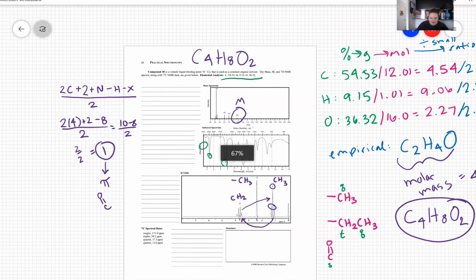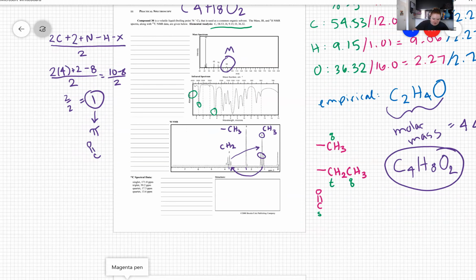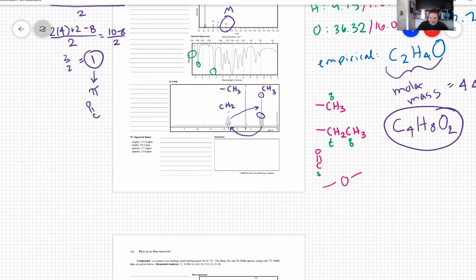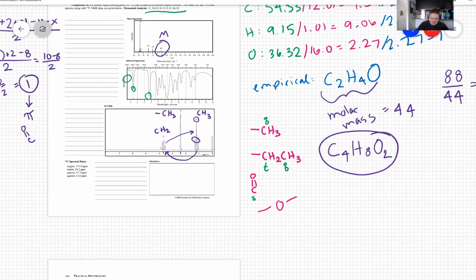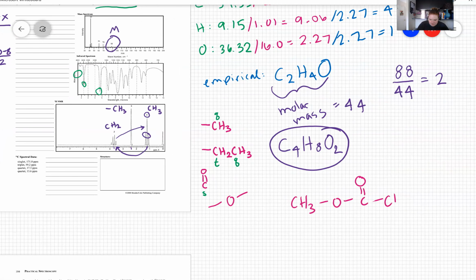So based off of that information, I'm going to go back and finish my structure. So we know it has these pieces over here. We know it also is going to have that single bonded oxygen. And so really there's only a couple ways to put this together. We can say CH3O CH2CH3, or we can put that oxygen on the other side. And so the way that we're going to decide which one is correct is we're going to go back and look at our NMR.